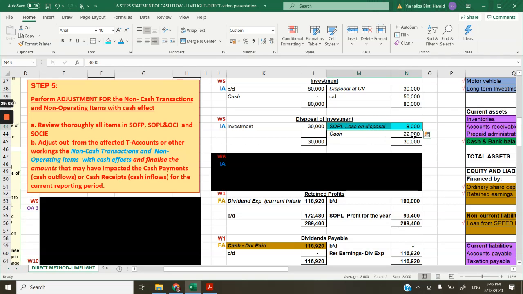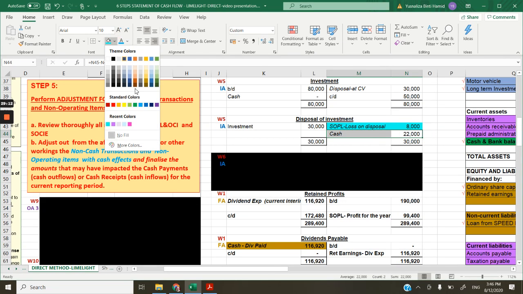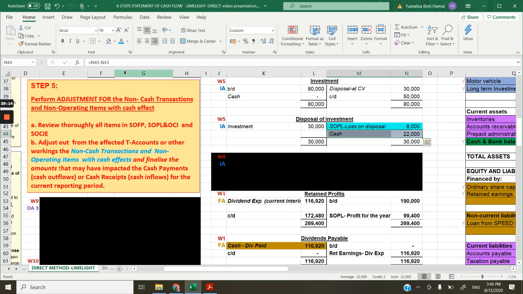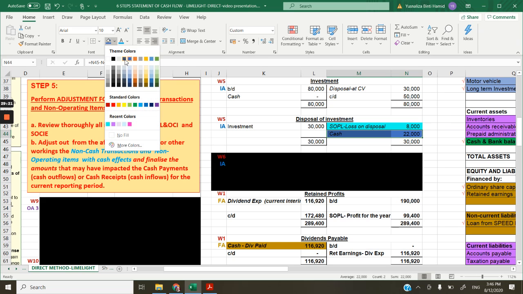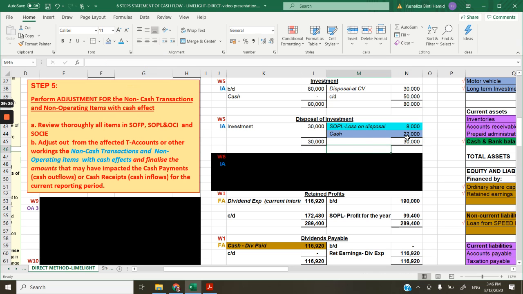But our interest is our cash flow that comes from our investing activities, which is 22,000. So that 22,000 will be transferred to the cash flow from investing activities, and that is an inflow. Why inflow?